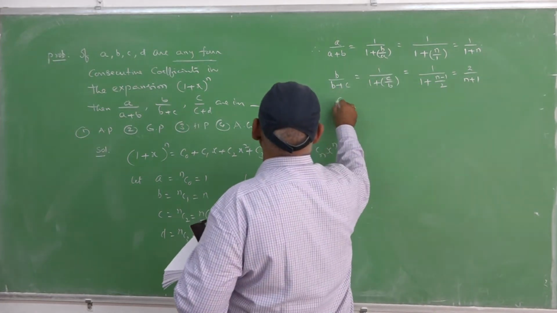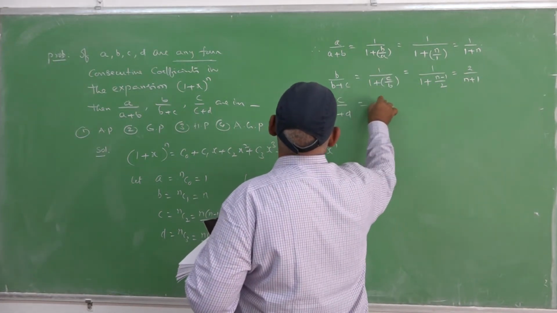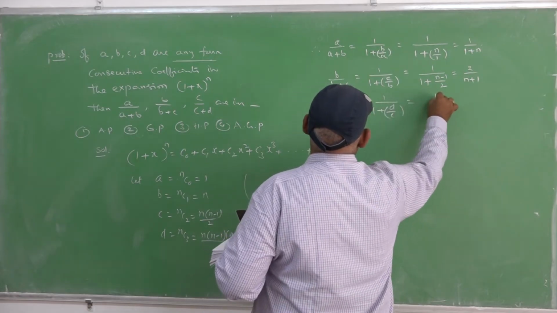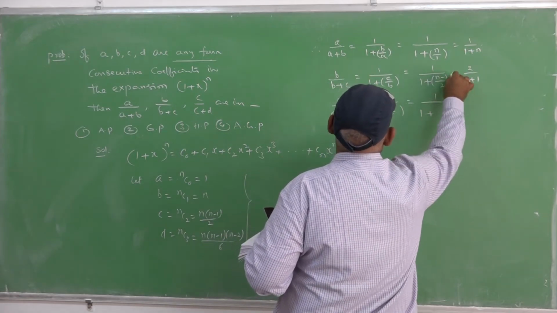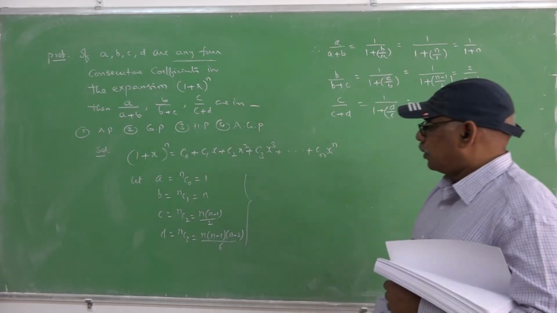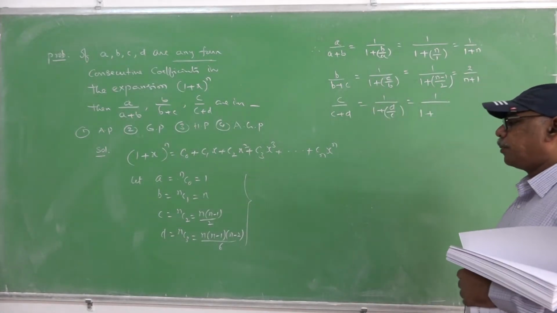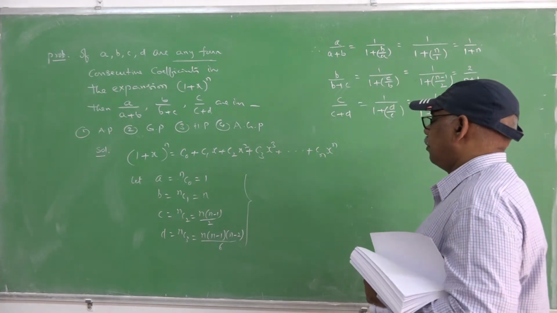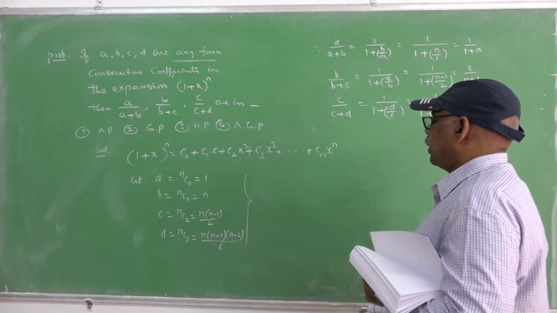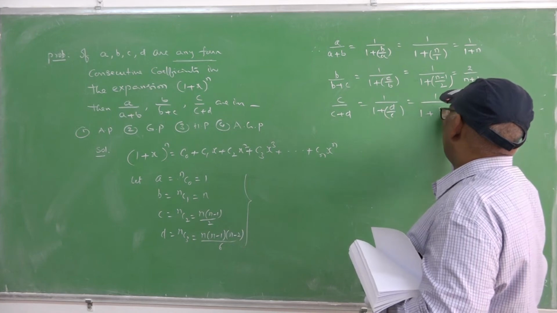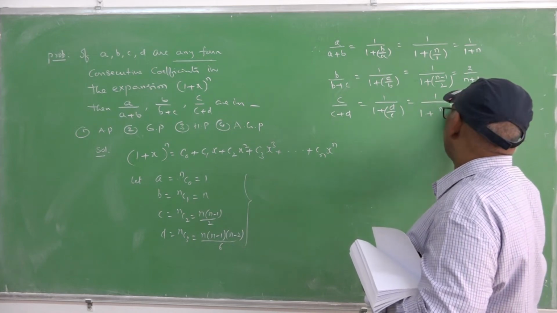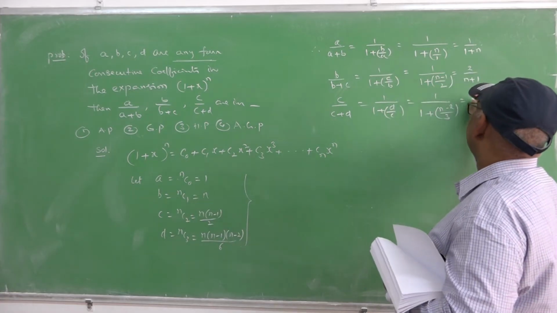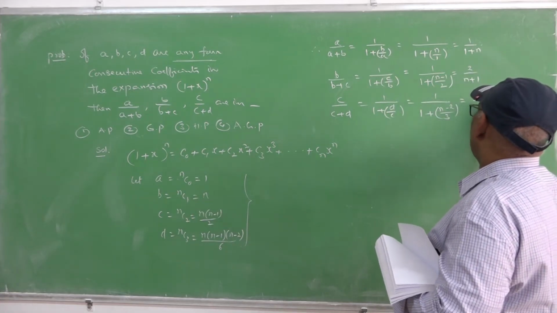Similarly, c by c plus d, which is 1 by 1 plus d by c, 1 by 1 plus d by c, n into n minus 1 may cancel, we get n minus 2 by 3. So that 3 by n plus 1 itself.